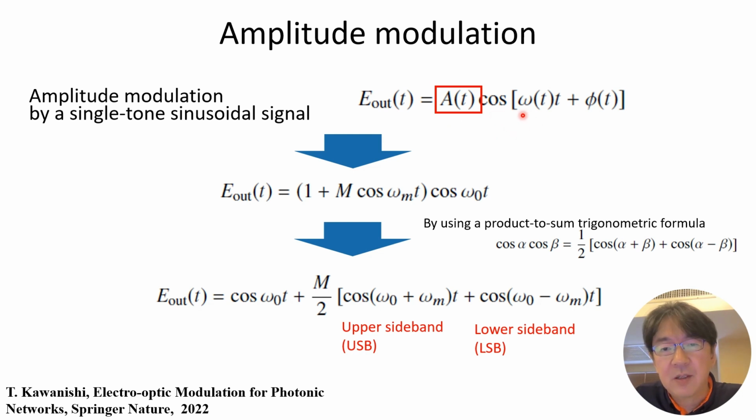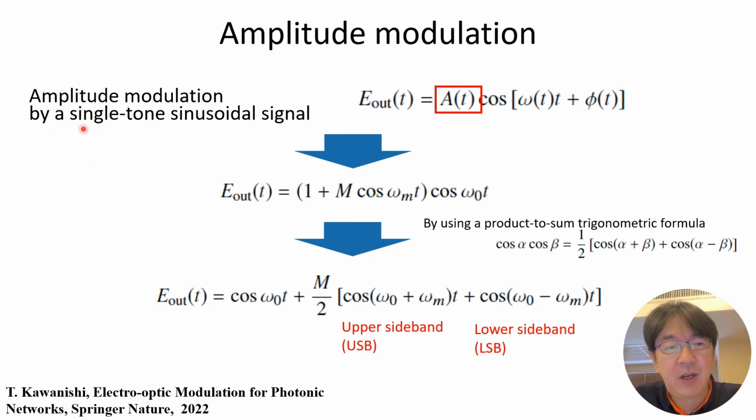So this part would be described by this simple equation. So no frequency change, no phase shift. Here we focus on only this part. And we consider the very simple amplitude modulation.